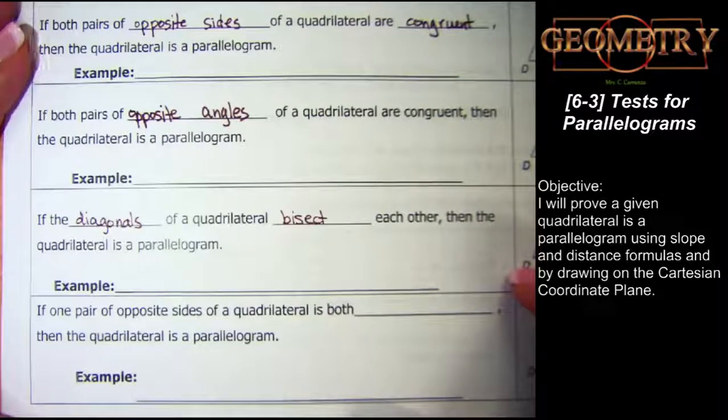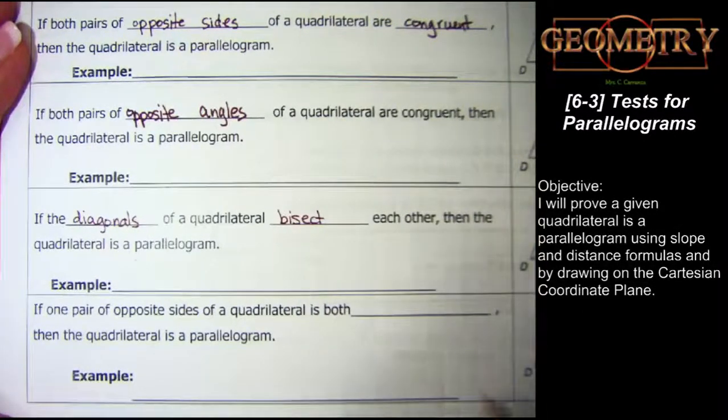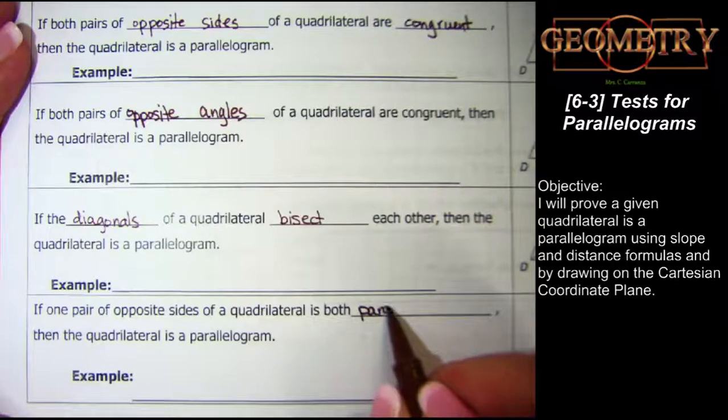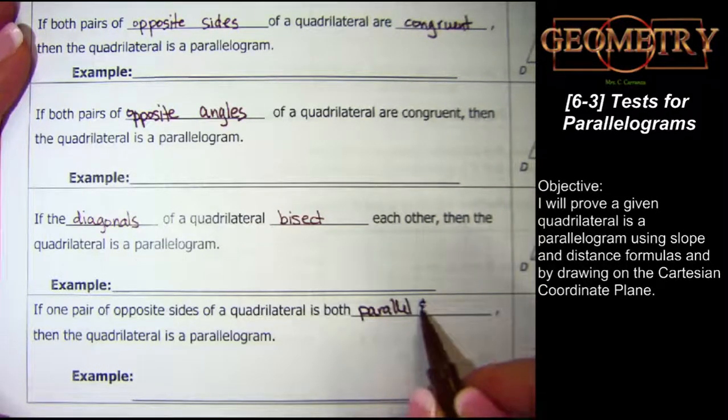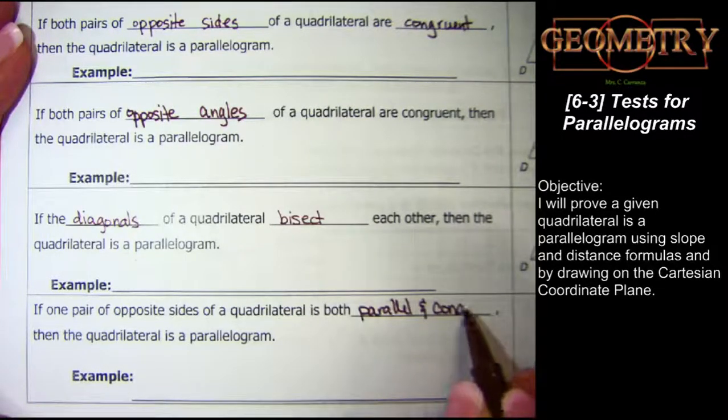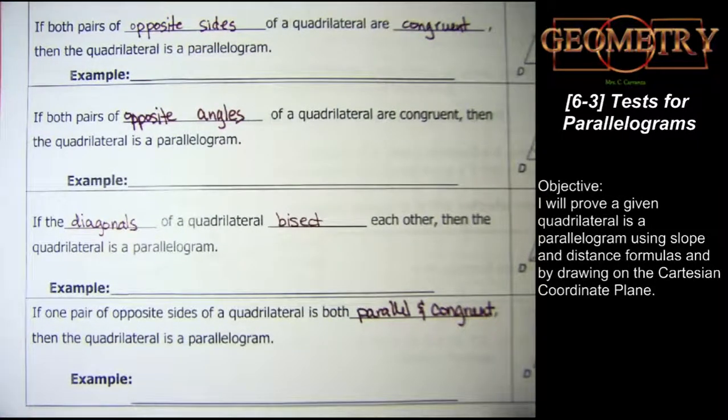If one pair of opposite sides of a quadrilateral is both parallel and congruent, then you have a parallelogram. Okay, so those are the four things that you were able to check, to use to confirm whether this thing is a parallelogram or not.